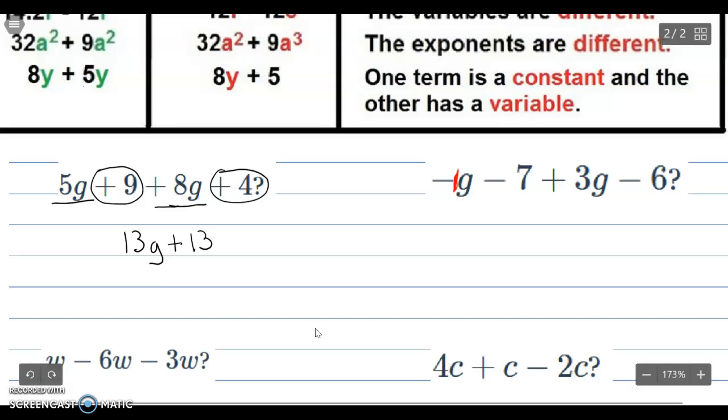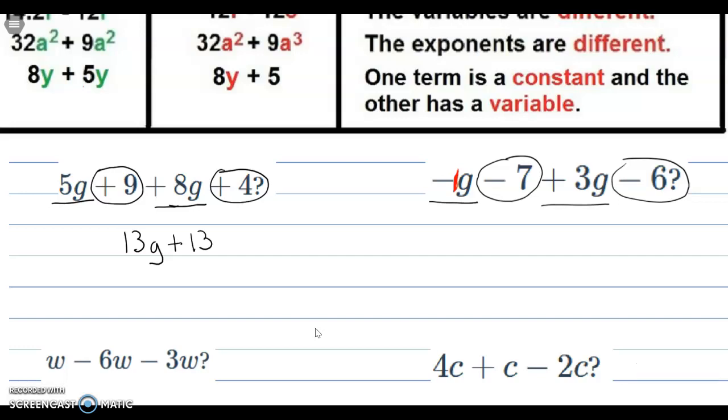So I'm going to underline the positive 3G and underline the negative 1G. Now I'm going to circle the negative 7 and the negative 6. And don't worry about the question mark there. So now I'm going to take this negative 1G and add it with this positive 3G, but they're different signs, so I find the difference. 3 minus 1 is going to get me 2G, and since the 3 is bigger than the 1, it's positive.